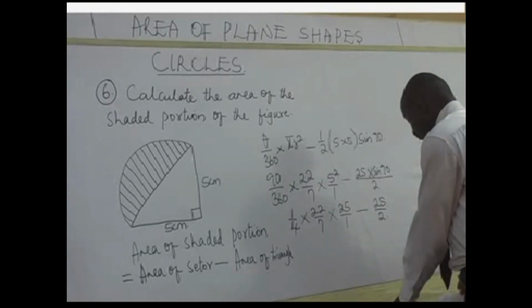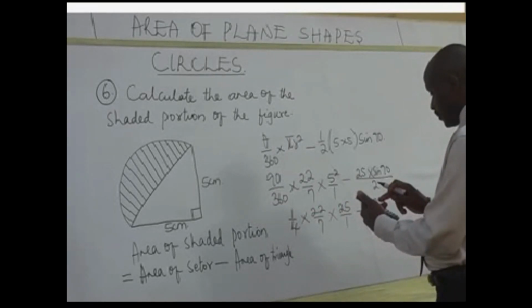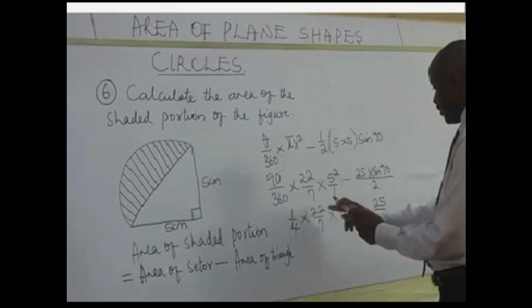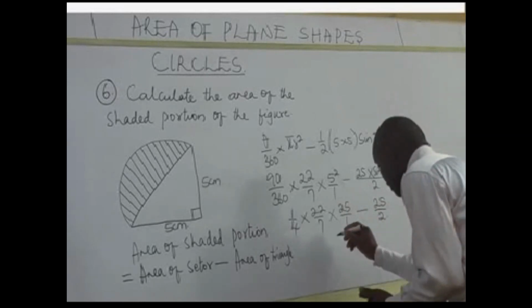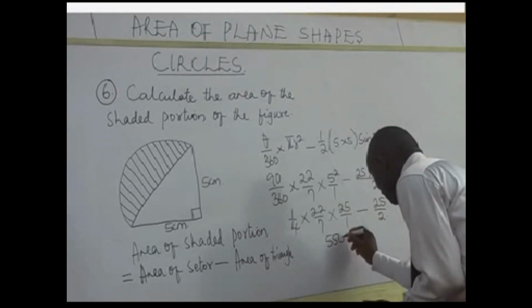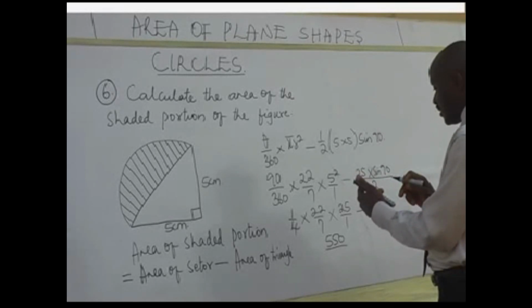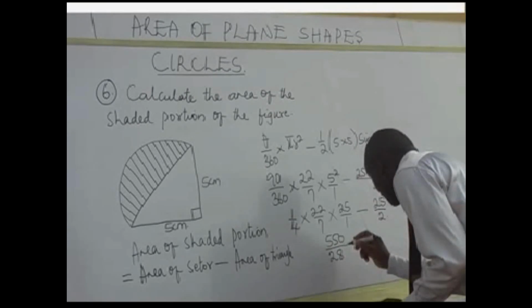So let's multiply out the numerators and denominators here. 22 times 25 times 1 is giving us 550 divided by 4 times 7, which is 28.